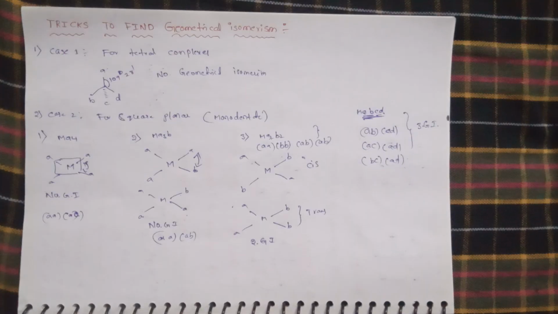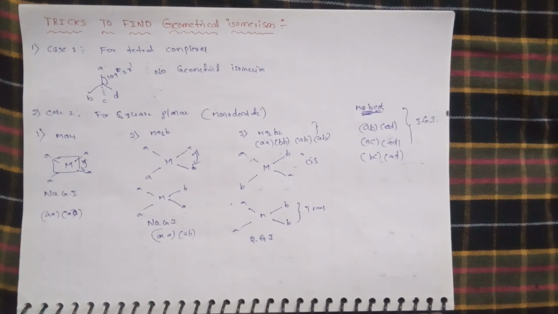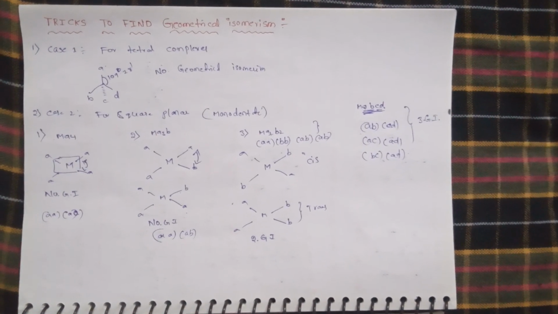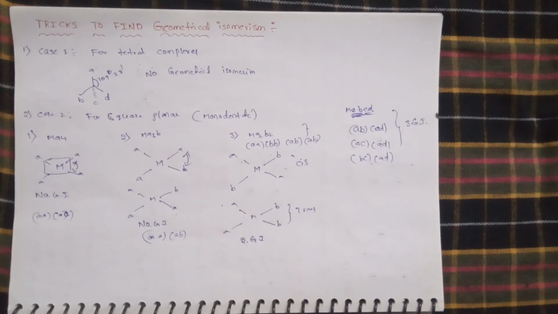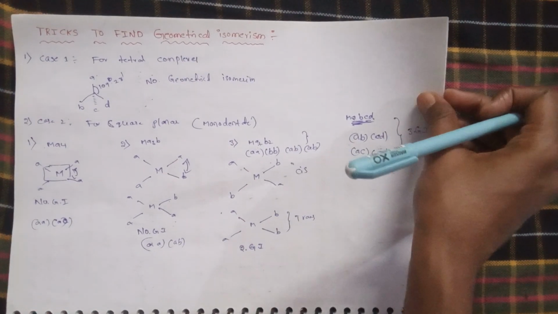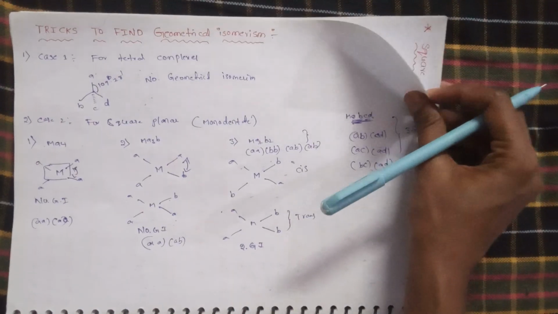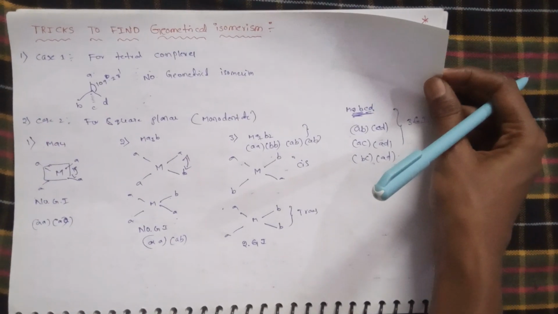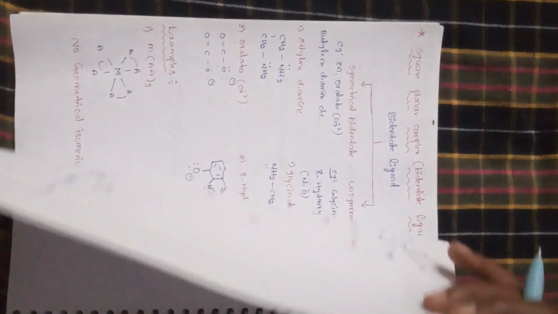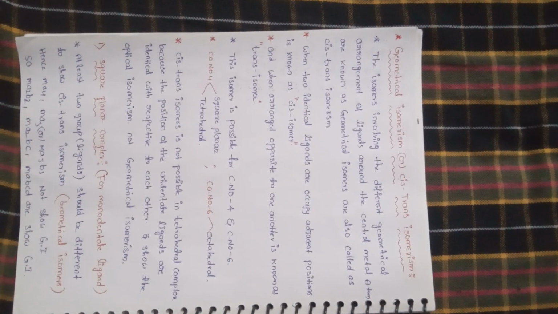I have given the notes for the monodentate ligand. Listen carefully, this is the monodentate ligand, and the link is in the description. I really explain the bidentate ligand also. This is the exam explanation, and these are the notes for geometrical isomerism for BSc and MSc semester exams.